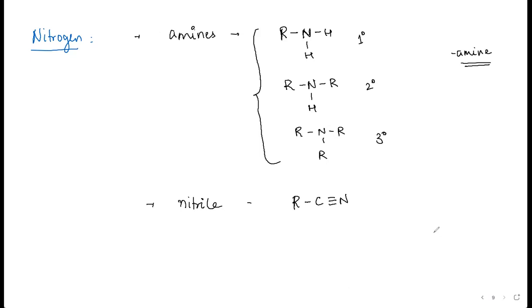I think cyano is the IUPAC name, but I've come across both nitrile as well as the cyano prefix. And then you've got isonitrile, or isocyano. Basically an isomer: if it is attached the other side, N triple bond C, that's isocyano. If it is CN, it's a nitrile group. If it is NC, it's isocyano.